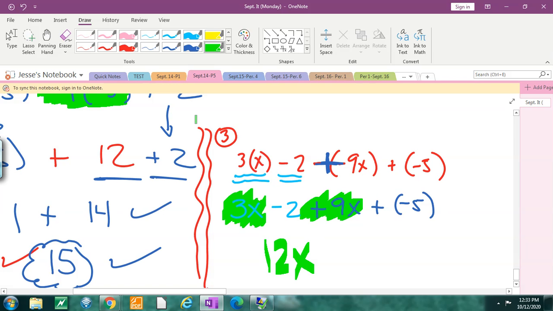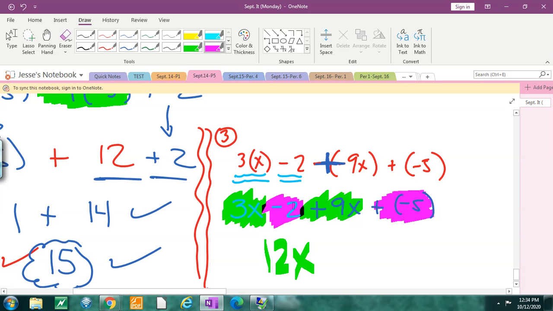So the next one is what? I could do the negative 2, a constant, with which one? The negative 2, combine it with which one? You don't know?